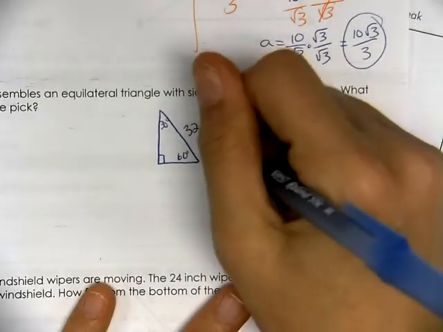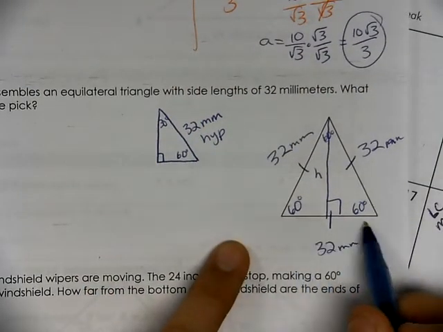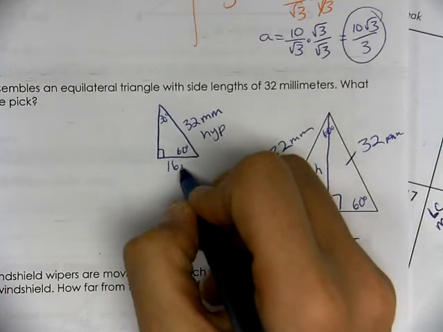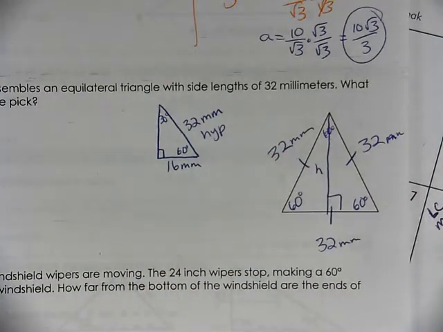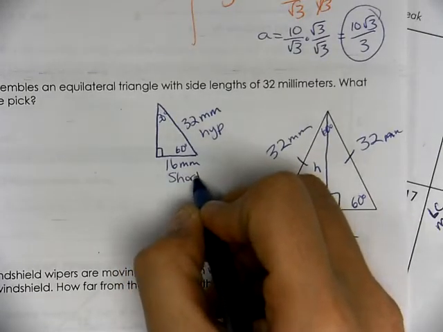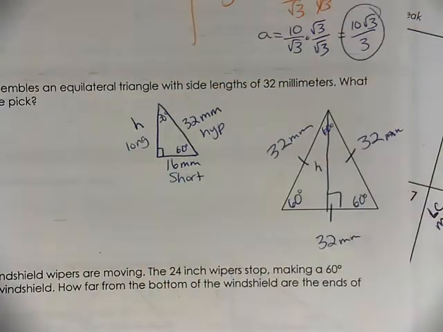This is my hypotenuse. This 32 is going to get cut in half, so it's 16 millimeters, and that's what leg? The short leg or the long leg? This is the short. I'm trying to find H, which is the long leg.